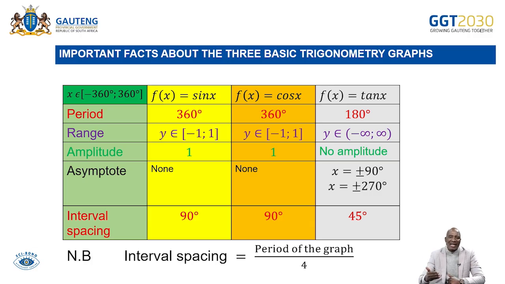You have to do it yourself. You always check the period of the function that you are drawing, and divide it by 4. It's a standard formula. When I say it's a standard formula, it means someone sat down and used the 3, used the 2, used the 4, and eventually discovered that if you are using a 4, the graph comes out perfectly. So we take it as it is. That's your interval spacing.